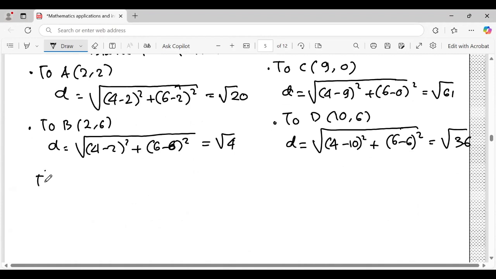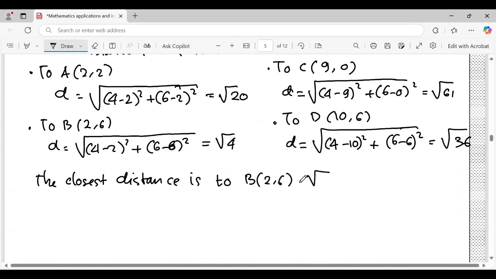The closest distance is to coordinate point B, coordinate point B (2, 6), the root 4.